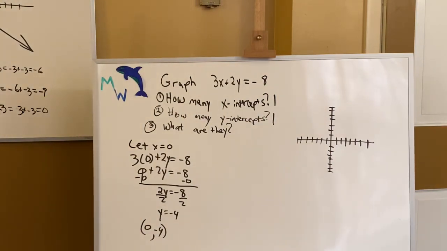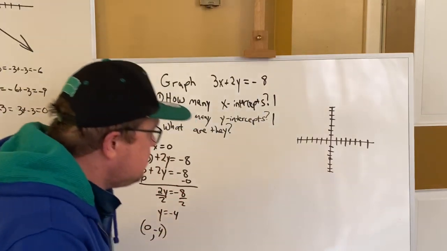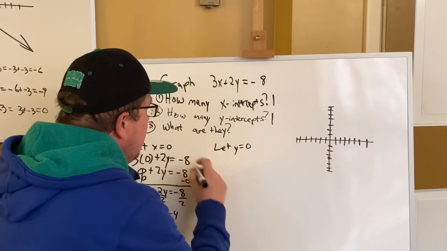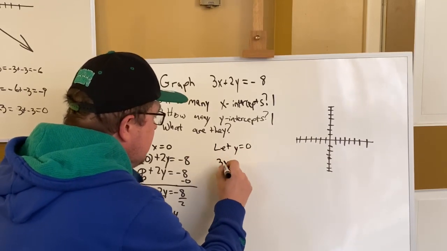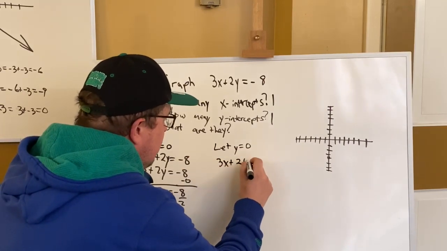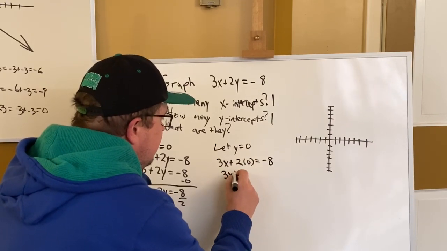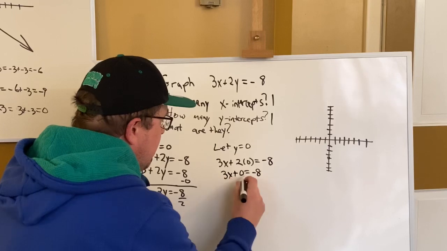Next one, though, is going to ask me to let y equal 0 and deal with what that does. It's not too much worse at the beginning. Let y equal 0, so when I see y, I put in 0. I got 3x plus 2 times 0, which is going to make a 0 right there. 3x plus 0 equals negative 8, and 3x plus 0 is 3x.